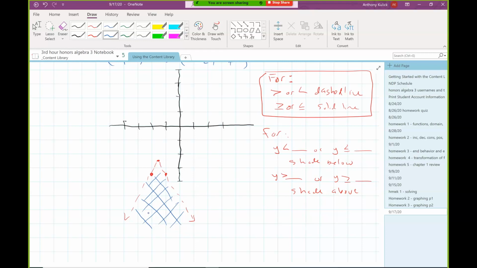Well, it's going on forever, right? So yes, it's only the part either inside the V or everything outside the V. Claire? Would it ever be x less than or equal to, or will it always be y? Since we're describing functions, if I describe x equals whatever, the V would often be sideways, and it would fail to be a function.